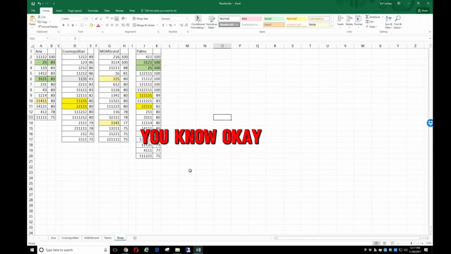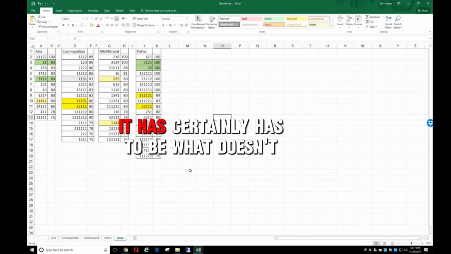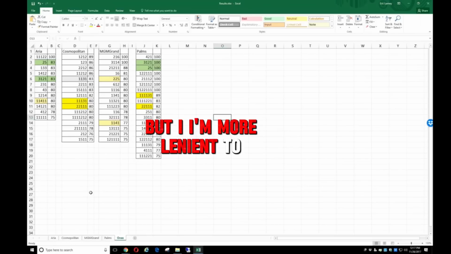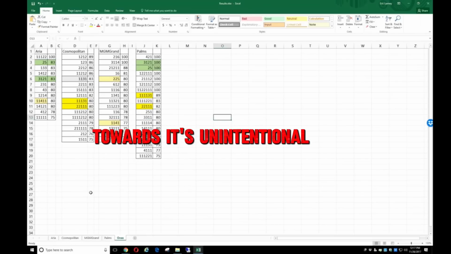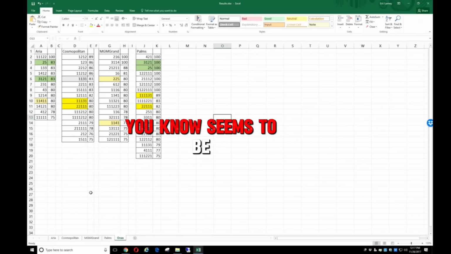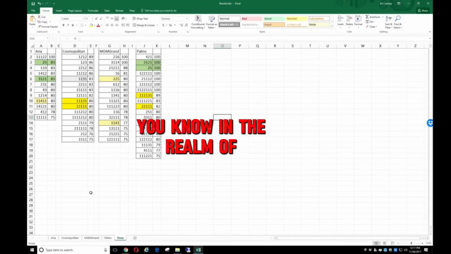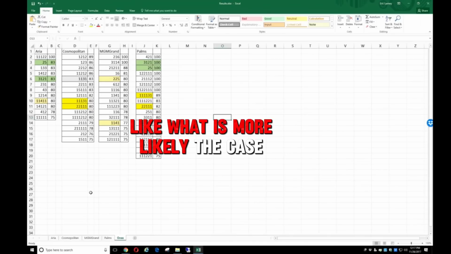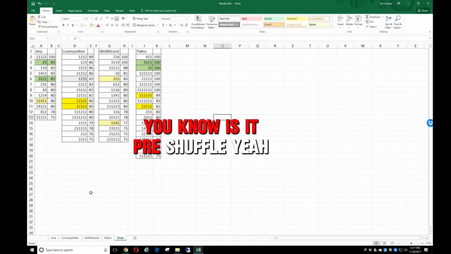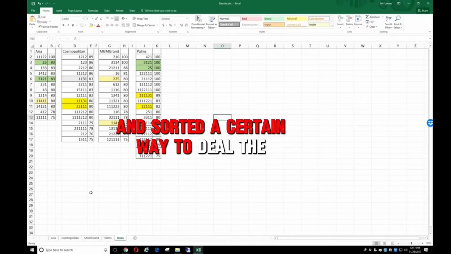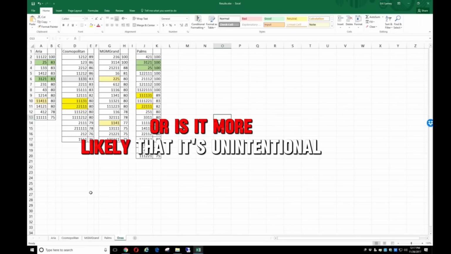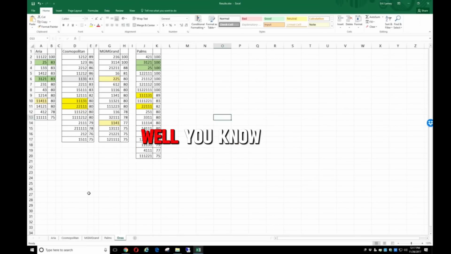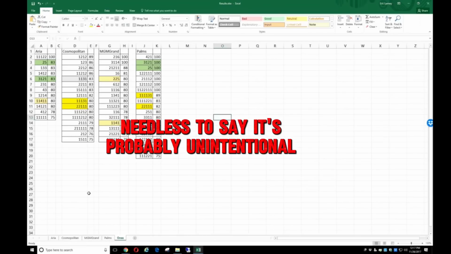But I think if it is, it certainly has to be, well, it doesn't have to be, but I'm more lenient towards it's unintentional. Seems to be in the realm of reasonable. Like, what is more likely the case? Is it pre-shuffled and sorted a certain way to deal the cards that way, or is it more likely that it's unintentional? Well, needless to say, it's probably unintentional.